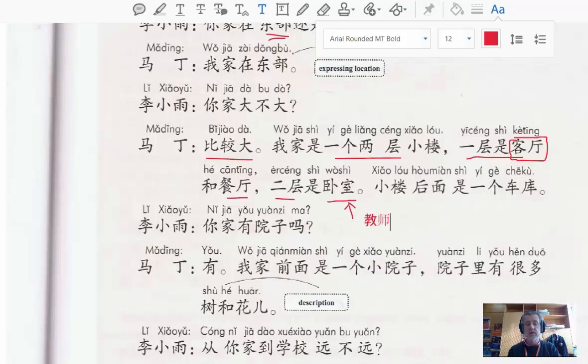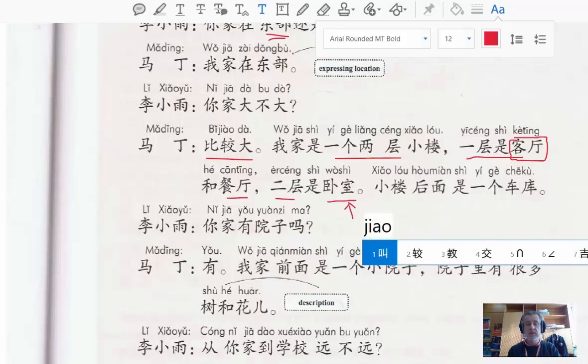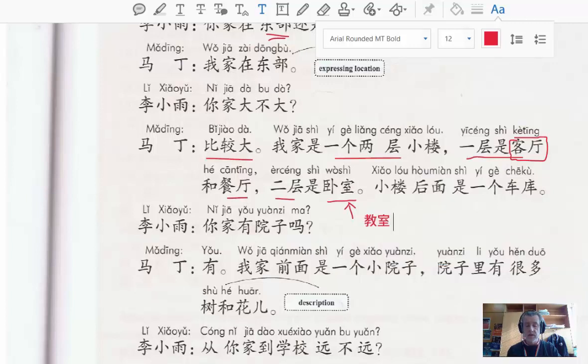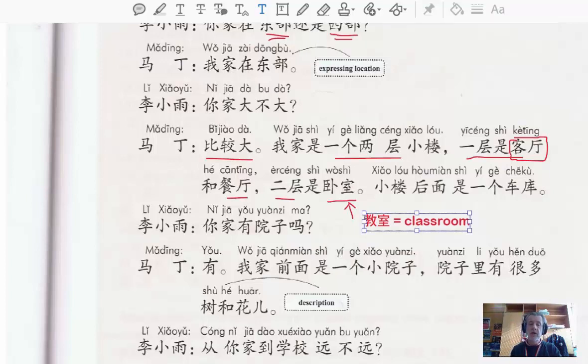Jiao shi. Okay, which is classroom. We've learned that before. So we've got shi as a room, and in the case of classroom, 教室, 教 being to teach, so it's a teaching room. 卧室, 卧 is the word for to lie down. So this is a lie down room or a bedroom.